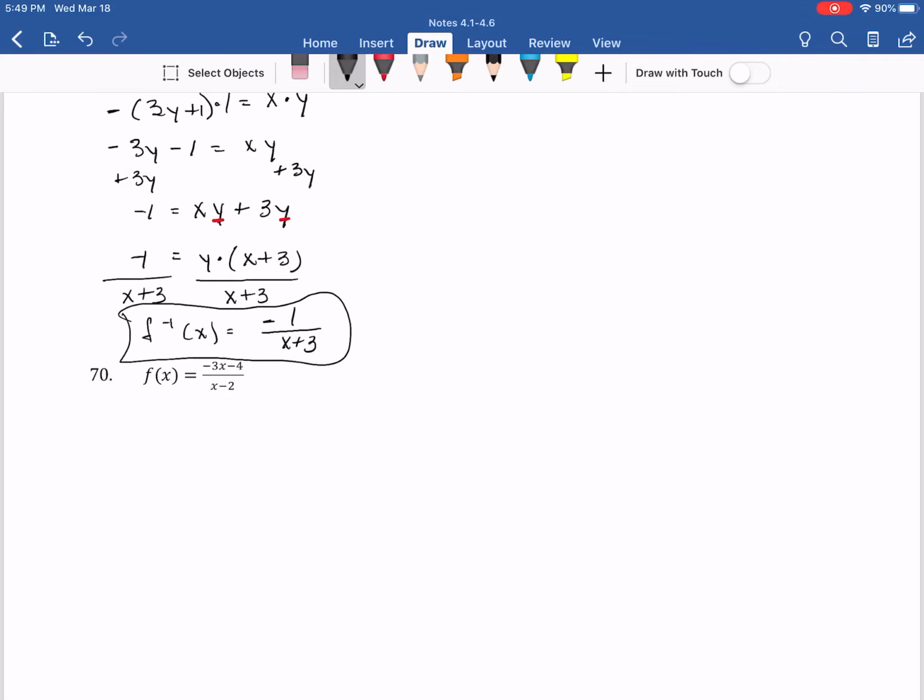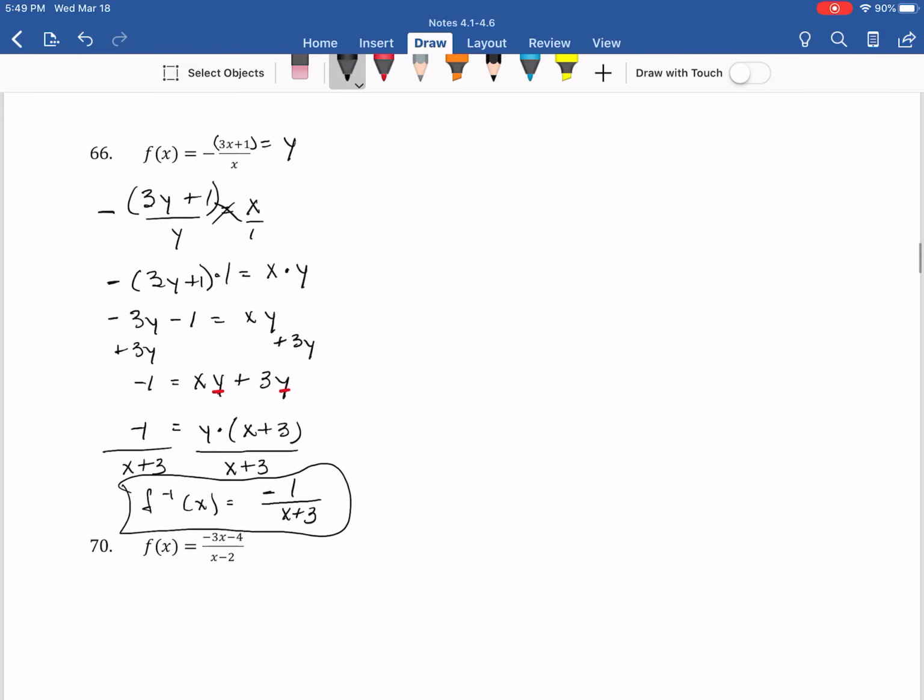And it says check your answer, which means we want to evaluate f of f inverse of x. Put that inverse function back into function f in place of the x's here and here. Sorry about that.